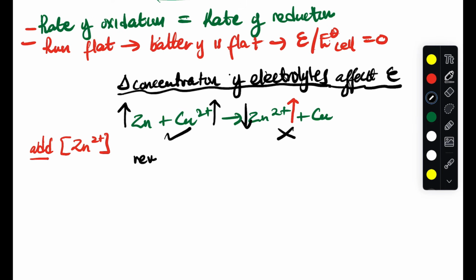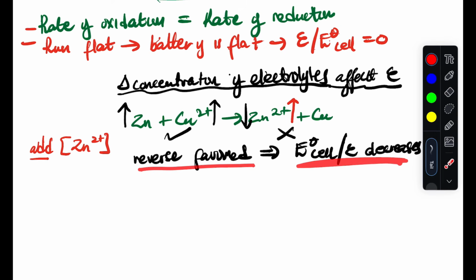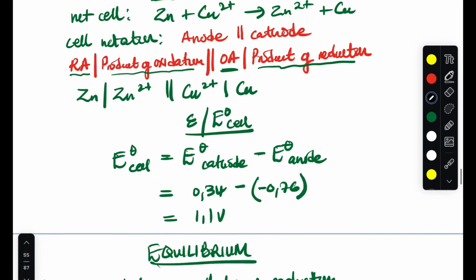So once the reverse is favored, the E cell or the EMF is going to decrease. Whatever change you have done in the concentration, if it favors reverse, the E cell decreases. The voltage reading here will decrease.